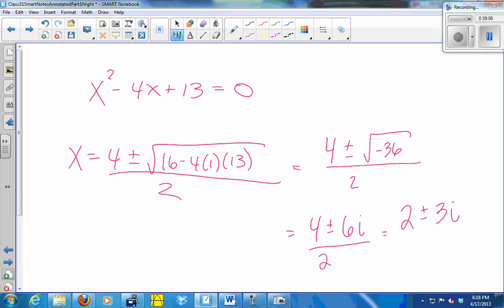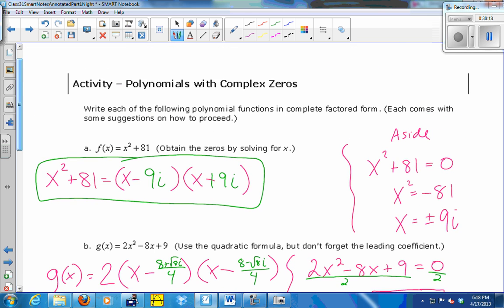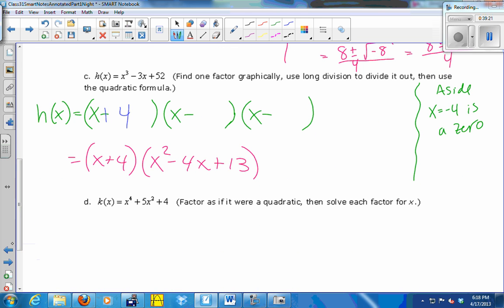Divide the 2 into both pieces. So those are my other two zeros. They go in the empty bubbles 2 slides earlier. 2 plus or minus 3i. So I've got 2 plus 3i and 2 minus 3i.